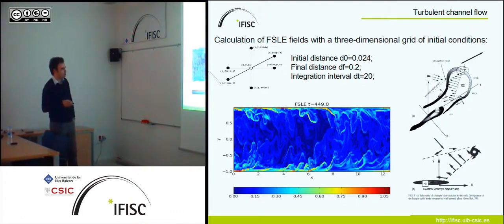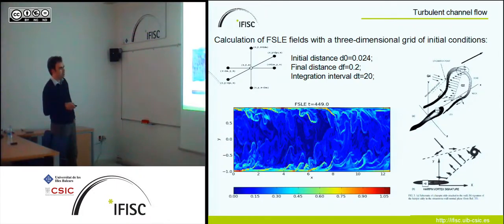We think that these structures are signaling the presence of these hairpin vortices, and you can see why, because this is the vortex, and the vortex is rotating like this, and it is expelling fluid away from the wall. The wall is here, it's expelling fluid away from the wall, but then you have fluid coming into the wall.